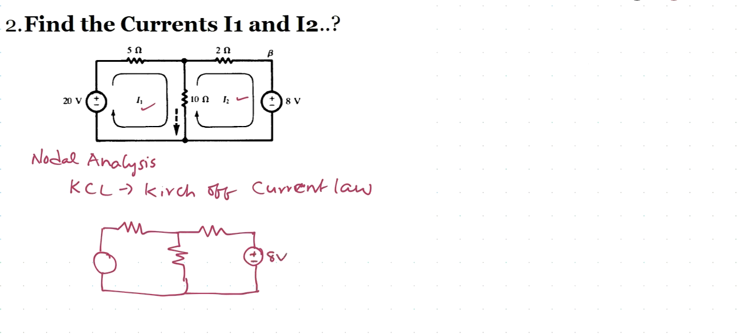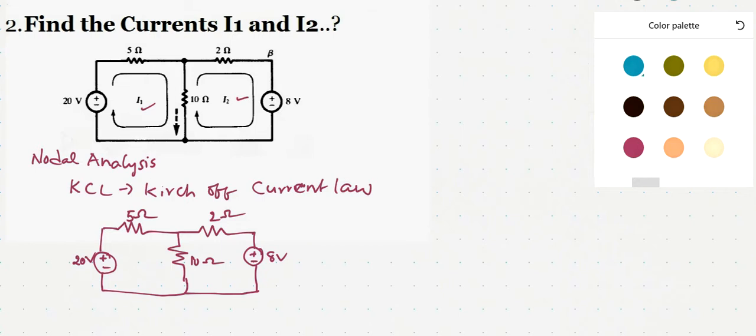This is the 8 volts, this is the 2 ohms resistor, and this is the 10 ohms resistor. This is the 5 ohms resistor, and this is 20 volts. The circuit is the same, but the representation is different.